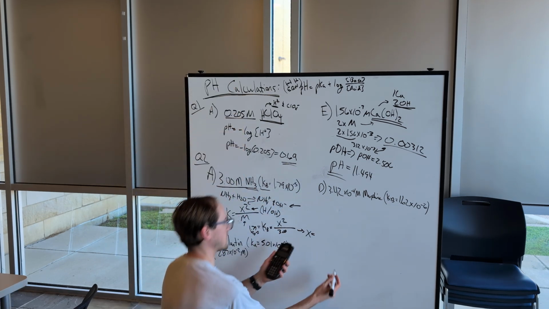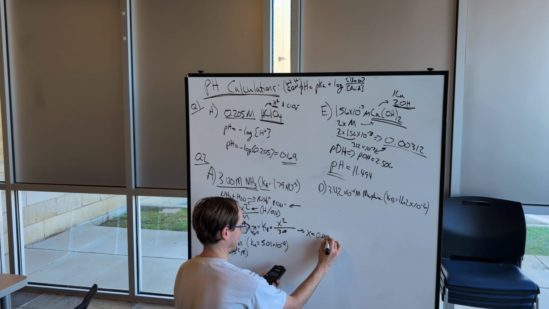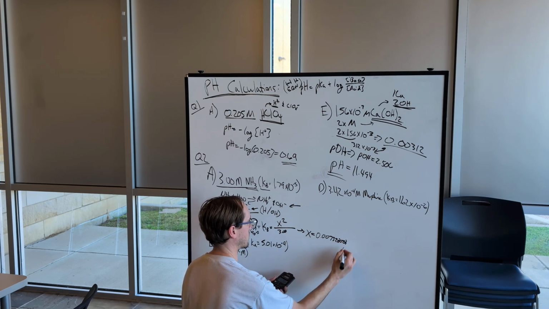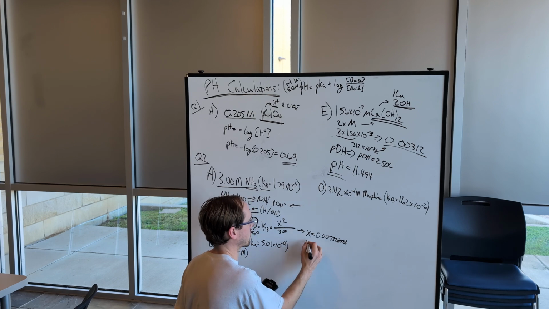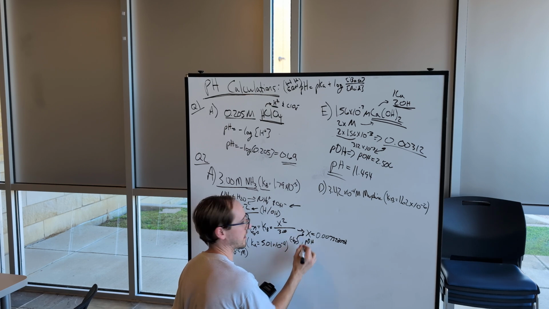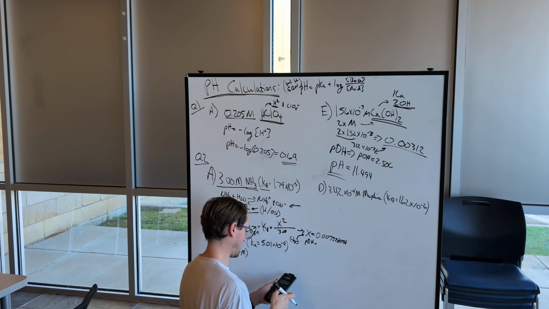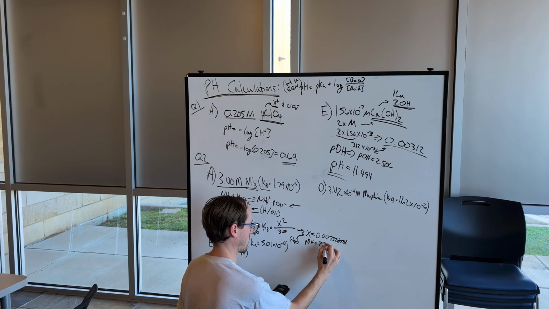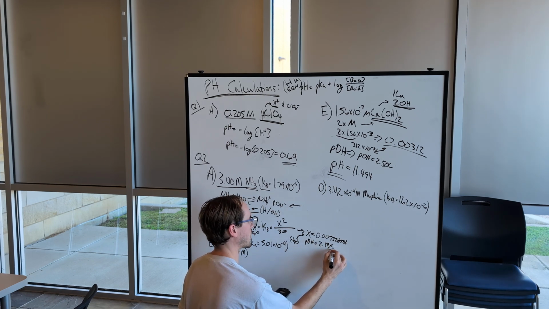So we get that x is equal to 0.007328028. So this will give us a pOH if we take the negative log of x. So the negative log of that gives us 2.135.